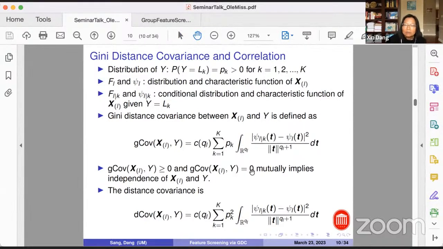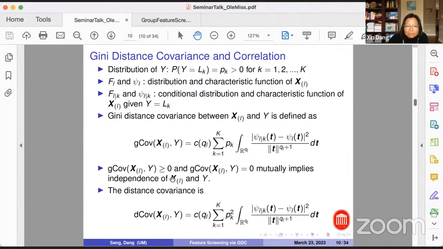If it is 0, they are independent, because the conditional characteristic function is the same as the marginal. So it equals 0 if and only if they are independent.